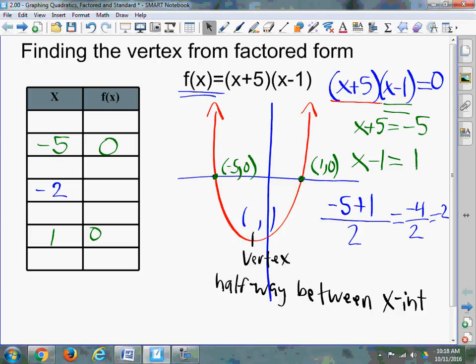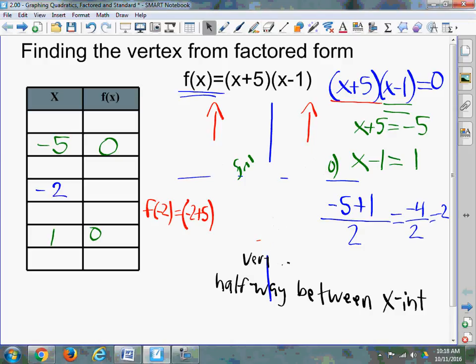So now I would be able to show, well, f of negative 2 is equal to negative 2 plus 5 times negative 2 minus 1. All right, negative 2 plus 5 is positive 3.